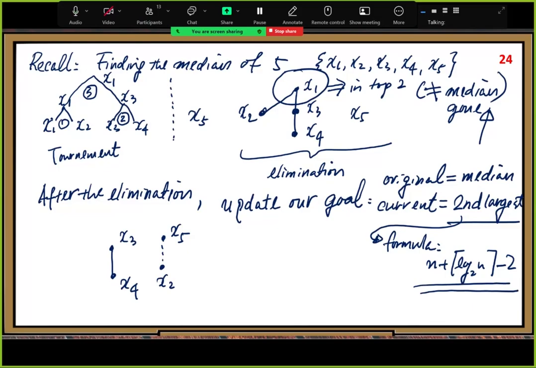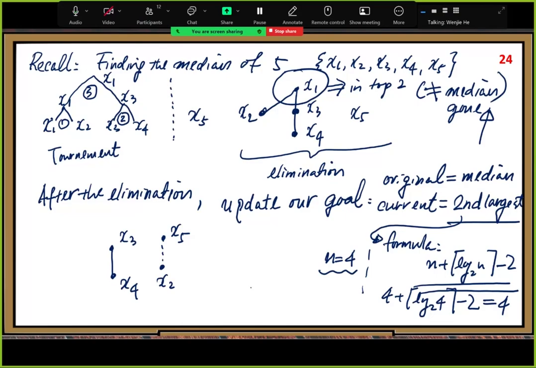But here, n is 4, our current data, so you plug in 4: 4 plus ceiling of log base 2 of 4 minus 2 equals 4. That means in order to find the second largest element in a 4-element array, you need 4 comparisons.